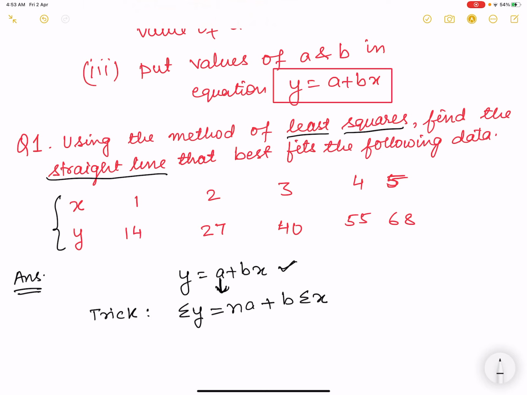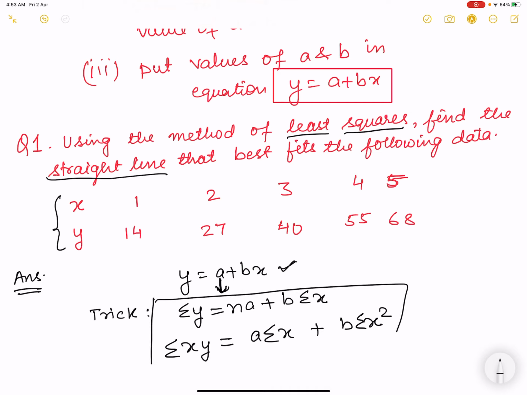And then multiply this whole straight line equation by x and then take summation. So first I am multiplying and then I'll take the summation. What I did is I multiplied this whole equation by x, and now I'm taking the summation. So students, this is the normal equation. This is the equation which we got.